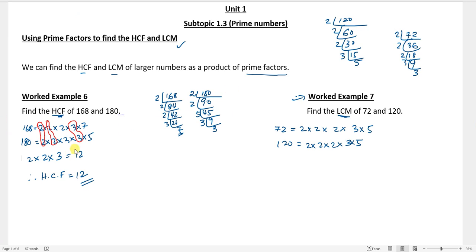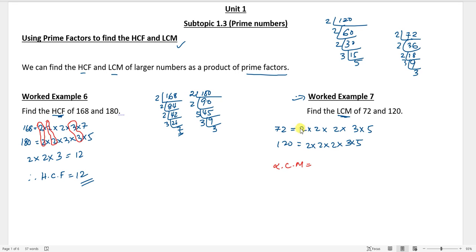Okay. So for HCF, we just take the factors which are common. But for LCM, we are going to take the factors that are common as well as those that are not common between 72 and 120. For HCF, you see 2 is common, so we just take it once.